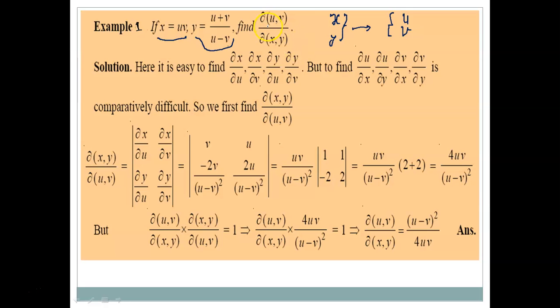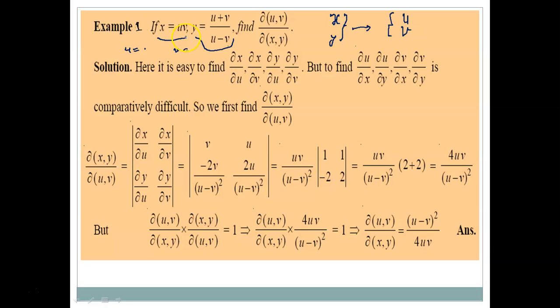But you are asked to find the reverse thing, the Jacobian of the transformation u, v to x, y. So how to find this Jacobian? In fact, there are two ways. Either from these two relations x equal to uv and y equal to (u plus v) divided by (u minus v), you find the value of u in terms of x, y and the value of v in terms of x, y, and then you know the direct formula of the Jacobian, ∂(u,v)/∂(x,y).